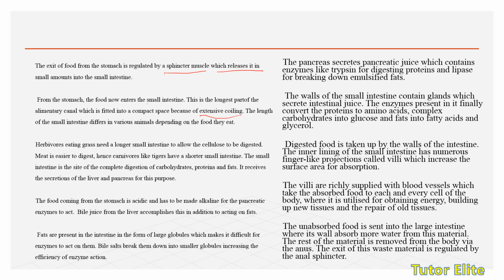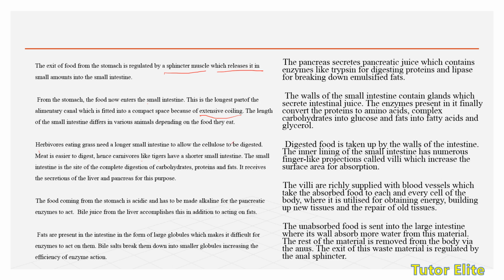The length of the small intestine differs in various animals depending on the food they eat. Herbivores eating grass need a longer small intestine to allow the cellulose to be digested. Meat is easier to digest, hence carnivores like tigers have a shorter small intestine. So basically, herbivores have a long small intestine and carnivores have a shorter small intestine.